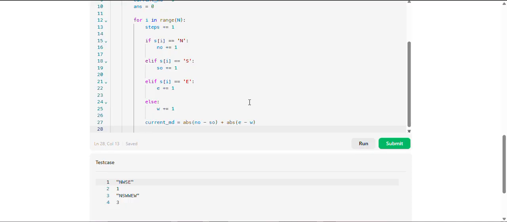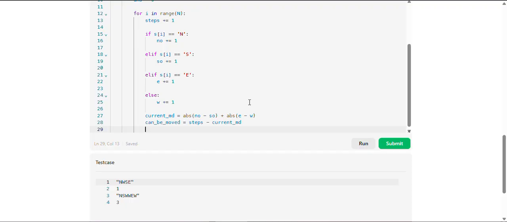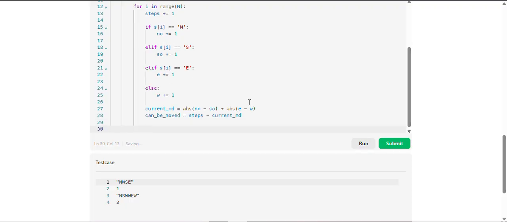And how much more I can move would be steps minus current Manhattan distance. So the maximum how much more I can move is steps minus current Manhattan distance.